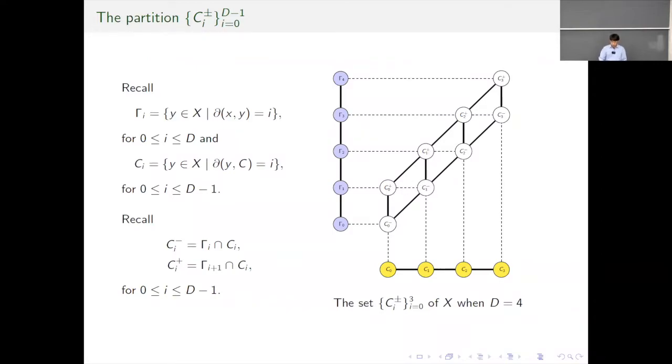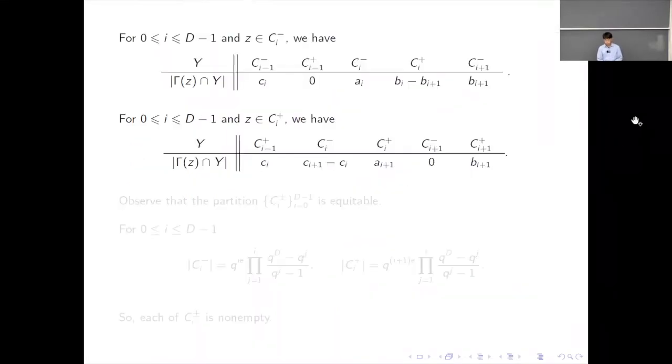And now we choose a vertex from the cell Ci minus or Ci plus, and we count how many neighbors there are in each adjacent cell. So we routinely find the number of neighbors of Z in Ci minus and Ci plus. This table explains everything for the neighbors of Z.